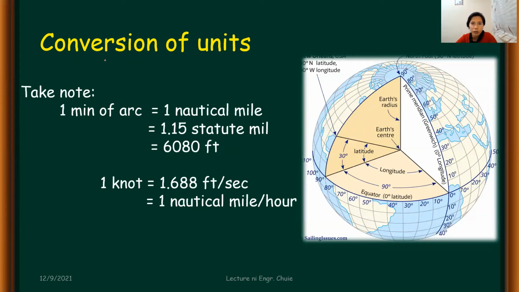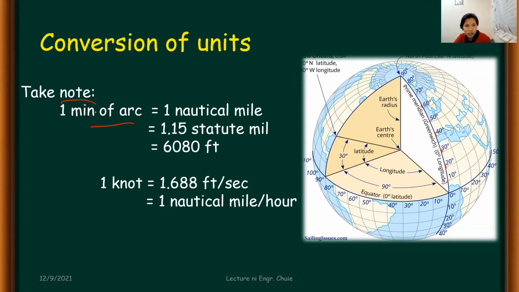So this is the important conversion that we're going to use for this spherical triangle. So we take note that 1 minute of an arc. What do you mean by 1 minute of an arc? So kung napapansin nyo, for the latitude and the longitude, we have 10, 20, 30, 40, diba? 50, 60.